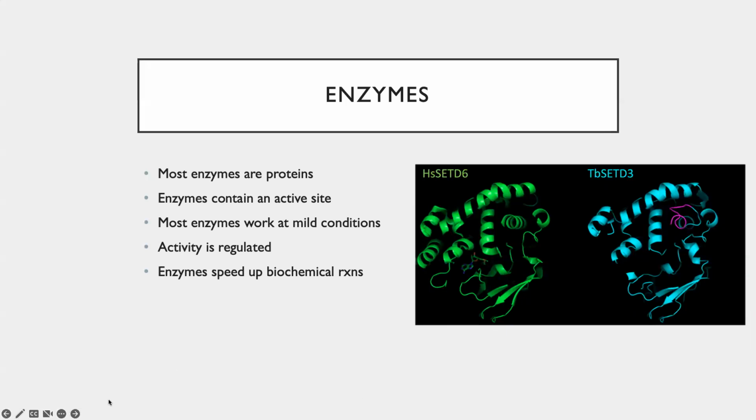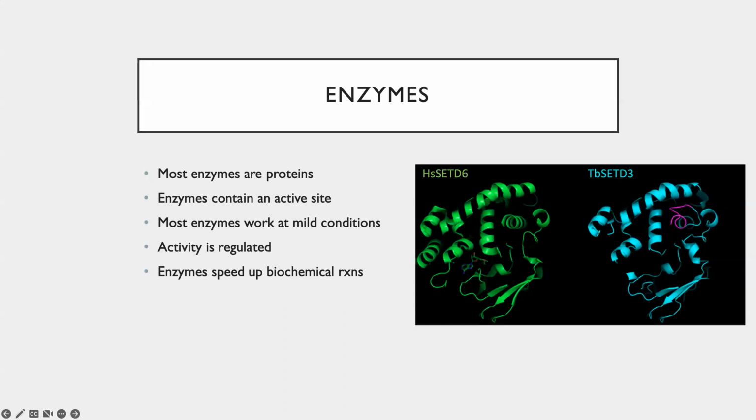What type of amino acids would we expect in the active site? Probably the amino acids that are going to be reactive. Most enzymes also work at mild conditions, so they work at a steady pH, around 7.4, and a temperature of about 37.